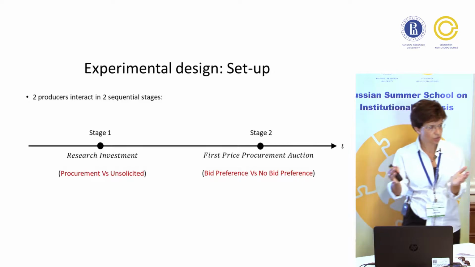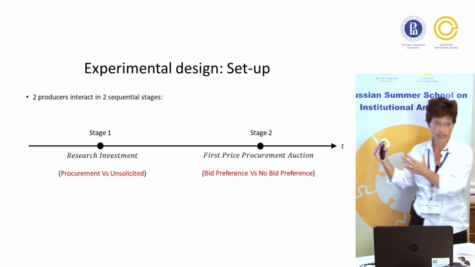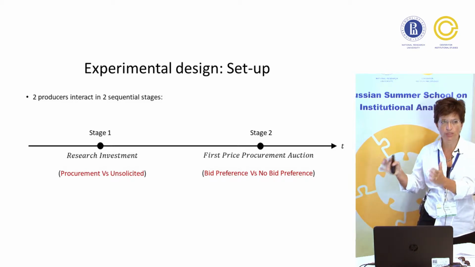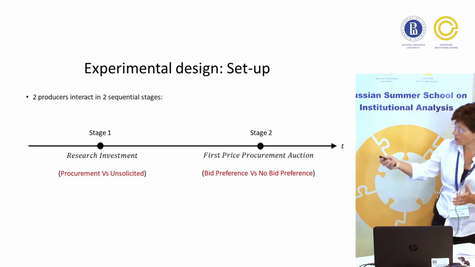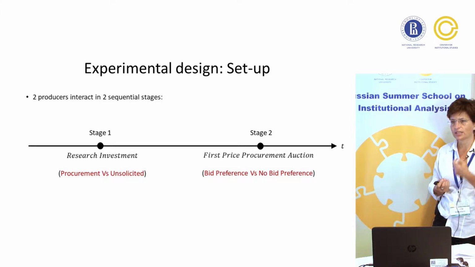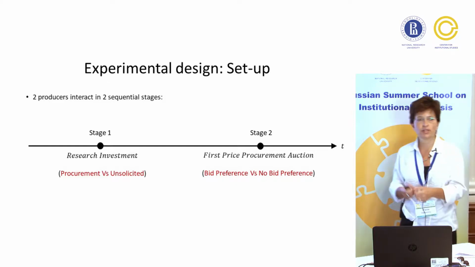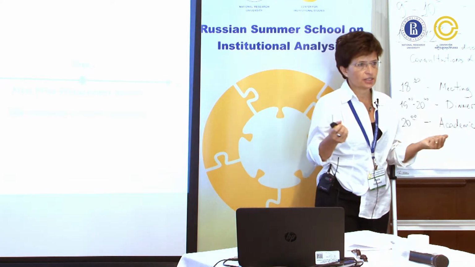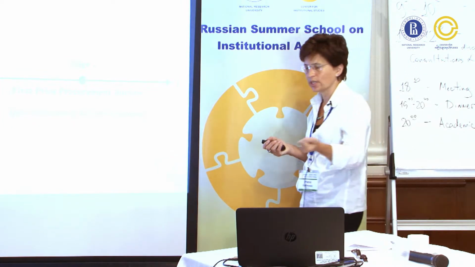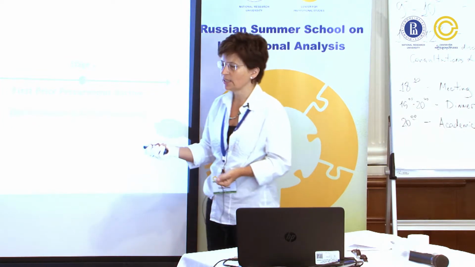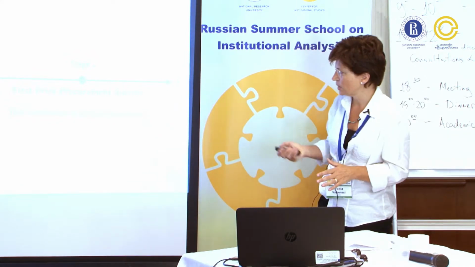If you have questions, you can ask privately, and then you start playing. You play the first stage, in which you have to decide the research investment, and in this case you will have 2 different treatments. You can be in a procurement of innovation setting, or you can be in the unsolicited setting, and we will see in a while what that means.